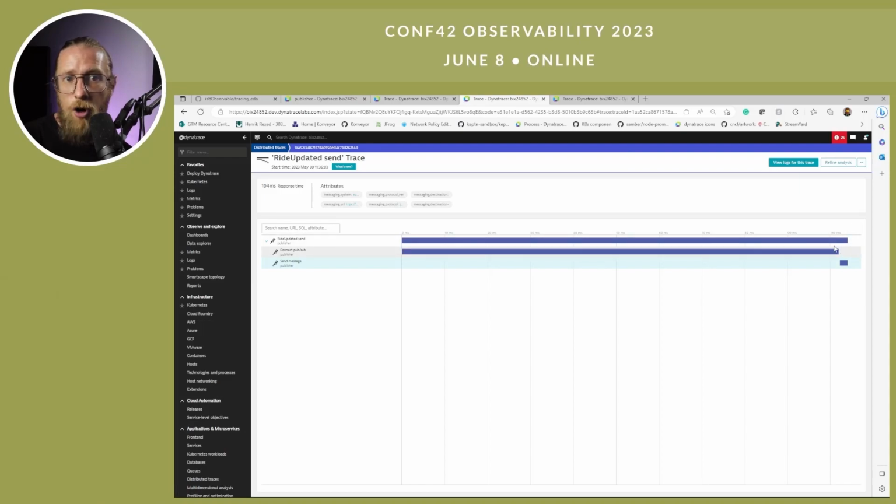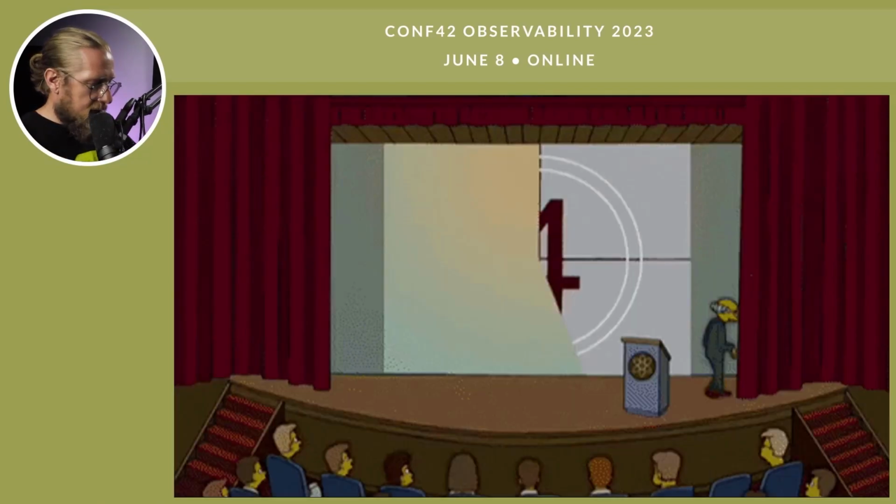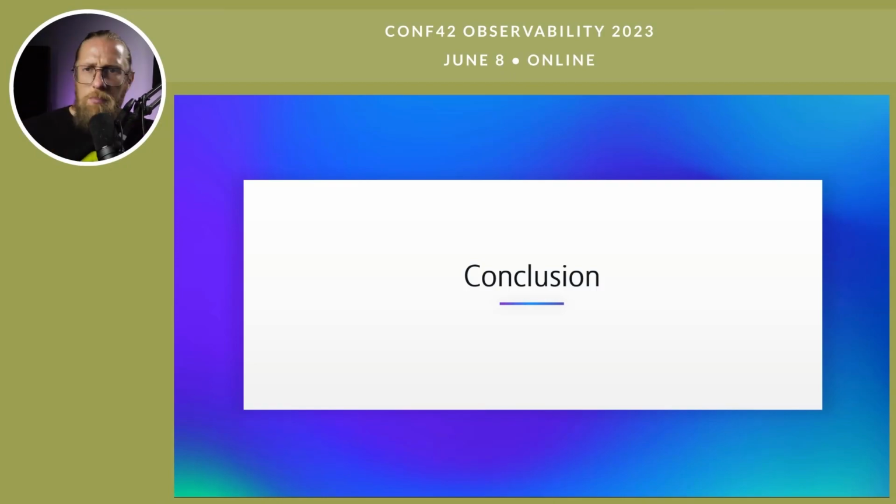And you can see that I have a 100 millisecond trace, much easier. And here I can see that if I want to optimize it, obviously I need to optimize the connect pub sub, which will be kind of difficult, but at least I know where I'm spending most of my time on that specific step. Okay, so now that we've seen that, very important, let's jump into the conclusion.